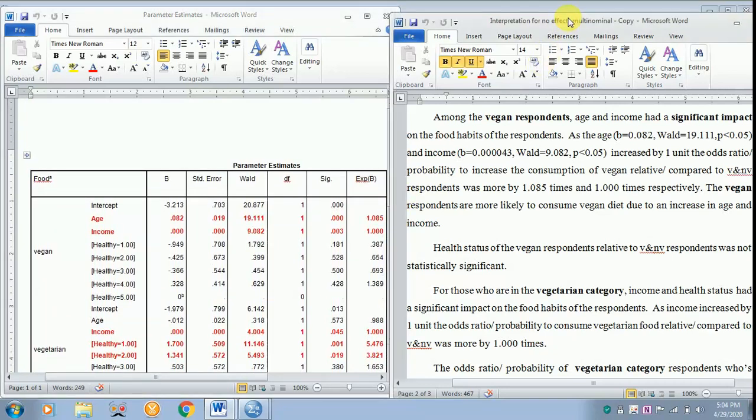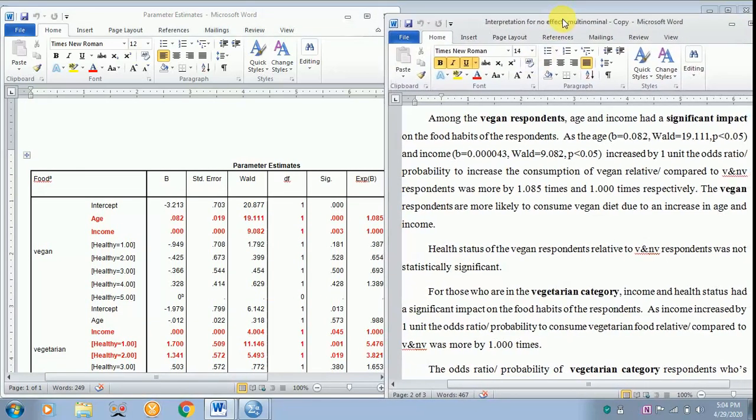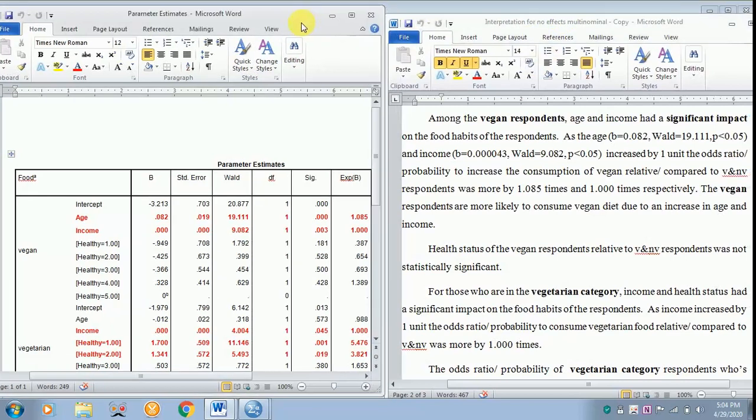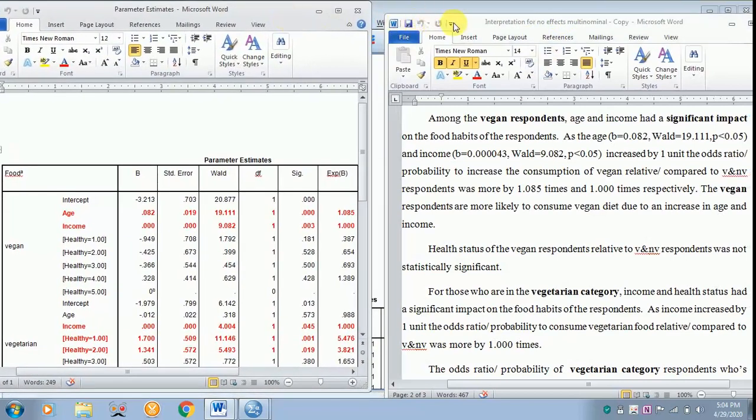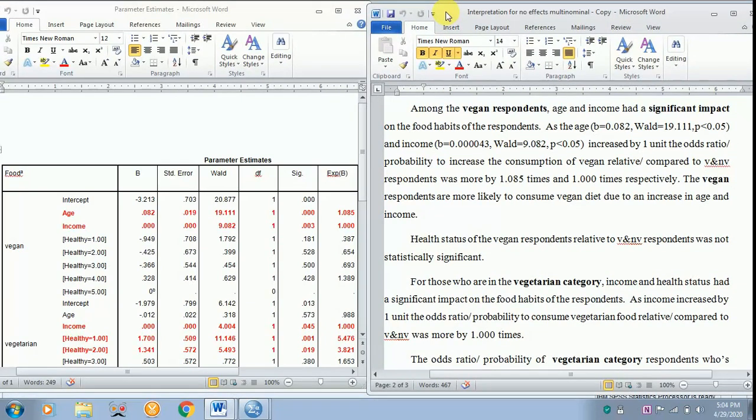I'll just bring it back. A small adjustment. So among the vegan respondents, age and income had a significant impact on the food habits of the respondents.